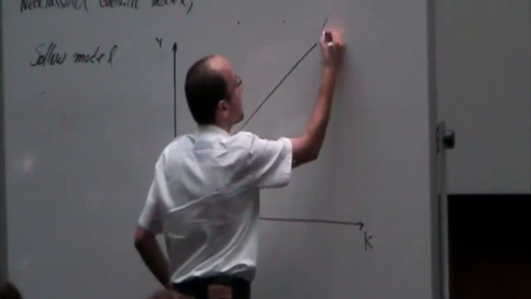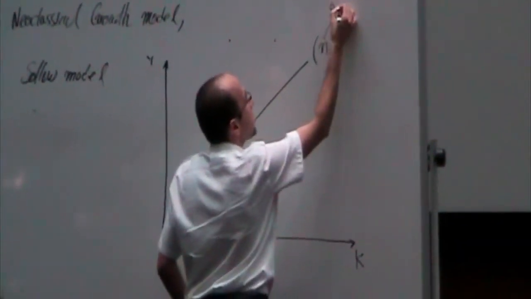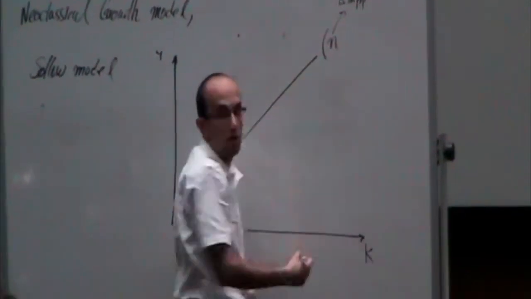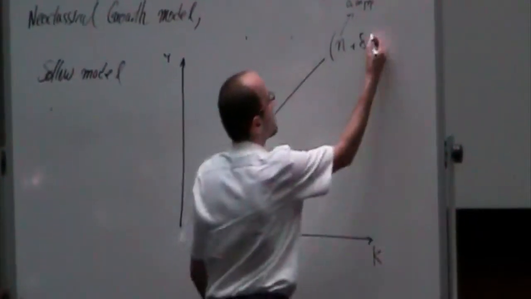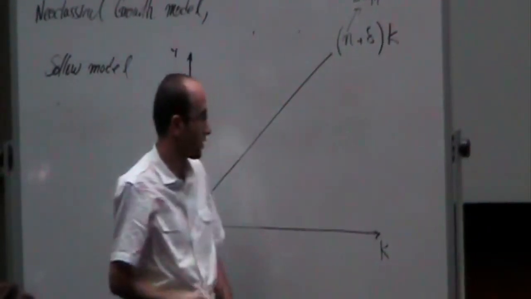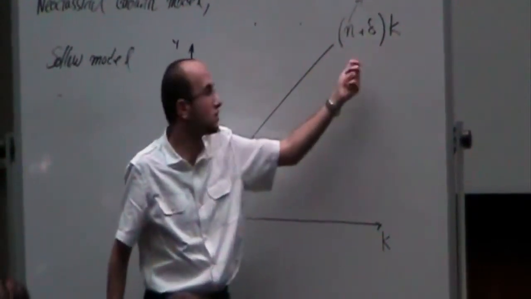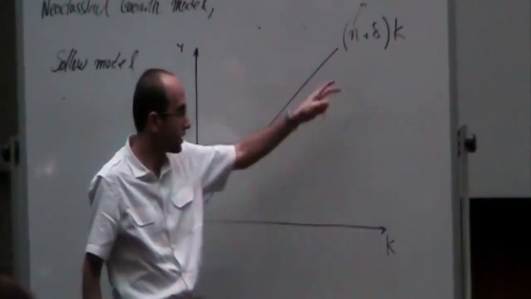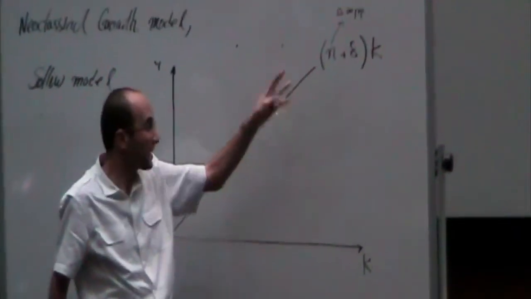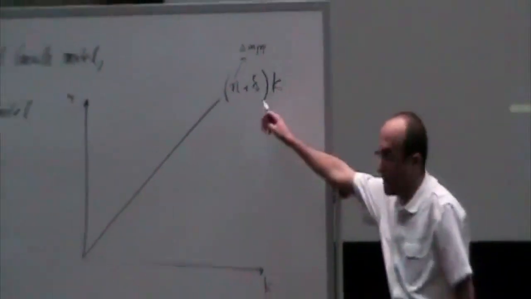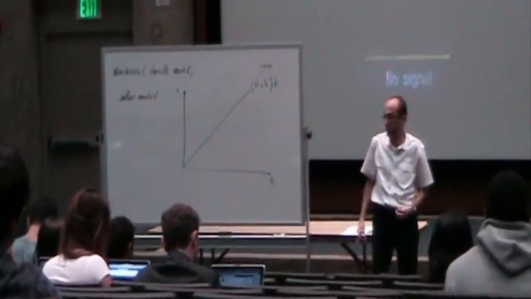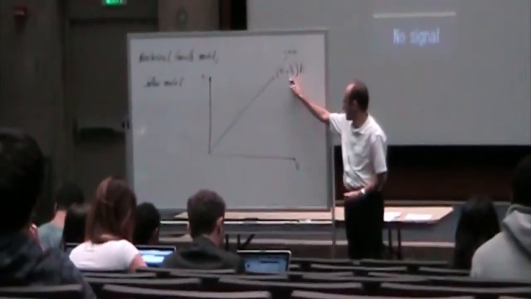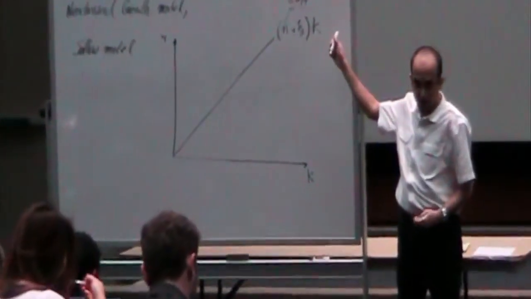One is n, which is change in population, plus the depreciation rate delta, times k, capital. So the coefficient of capital, which is the slope of this line, is changing with 2 variables. N is the population growth, or any kind of change in population. It can be lower, negative, or positive. And delta is depreciation. Definitely your capital has some depreciation. When there is a bigger amount of depreciation in capital, the capital per worker is decreasing.